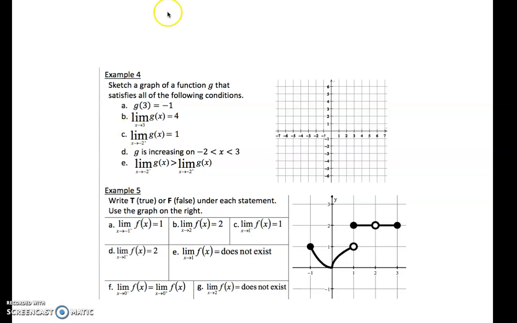So when you evaluate the function at 3, put in an x value, you get a y value of -1. The two-sided limit as x approaches 3 has to equal 4. And if you're looking to have a good challenge and think critically about these limits graphically, maybe even beyond the level of your Delta Math videos, these two problems would be a really good opportunity for you to do. So that is limits graphically.